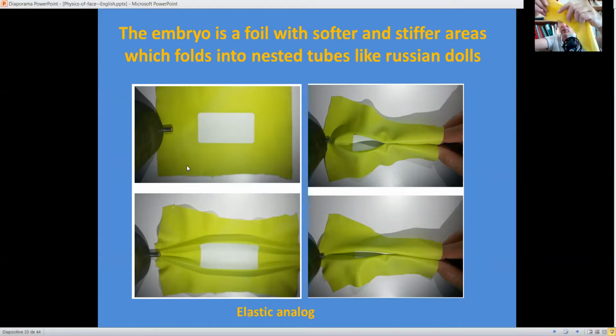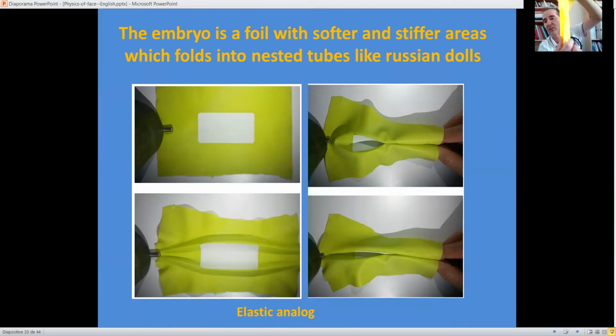So if you think of this rubber sheet, then you would need to put a tag in the center of the embryo, so you would end up with a situation like that.